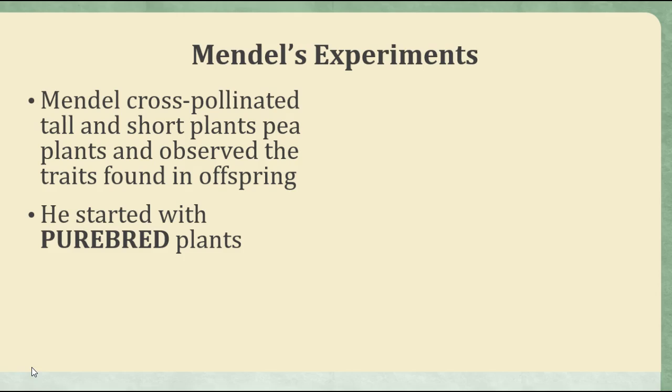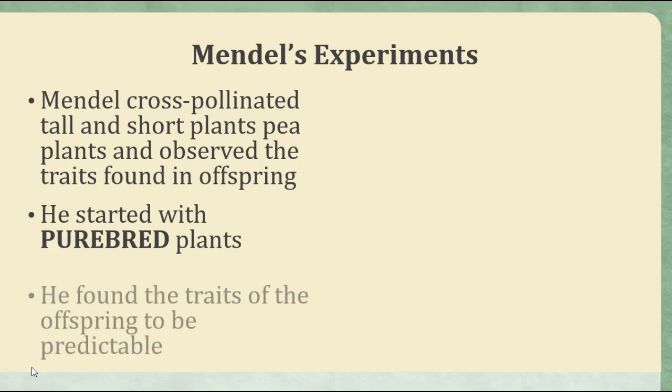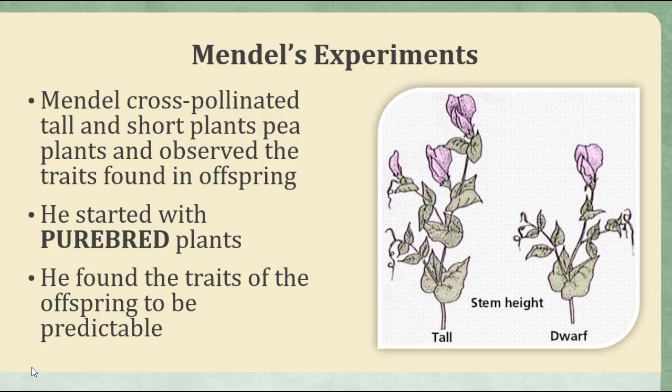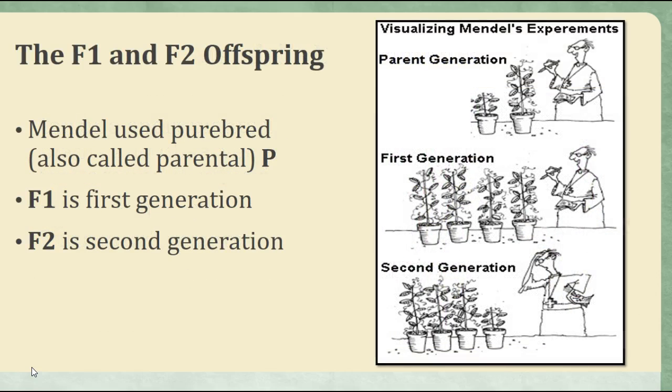So he started with purebred tall and short plants, and he found the traits of the offspring to be predictable. And the offspring have a special name.